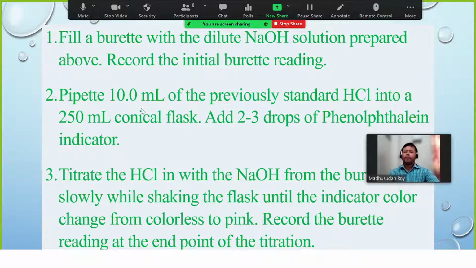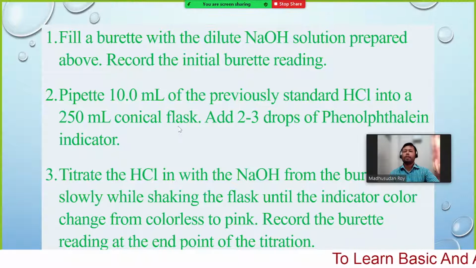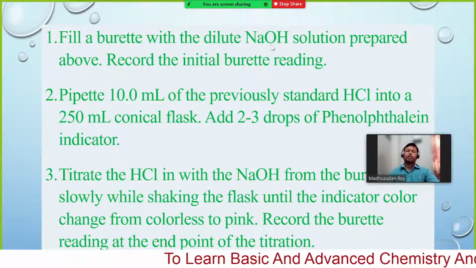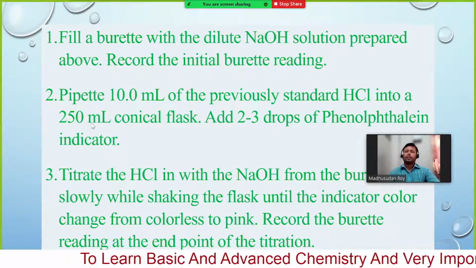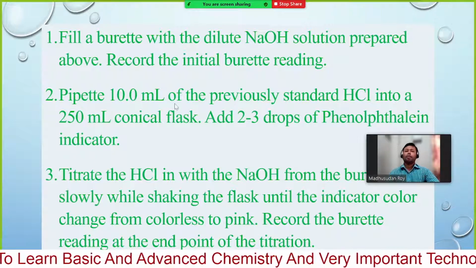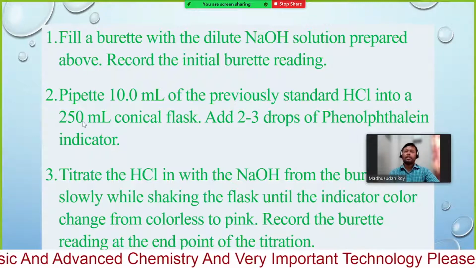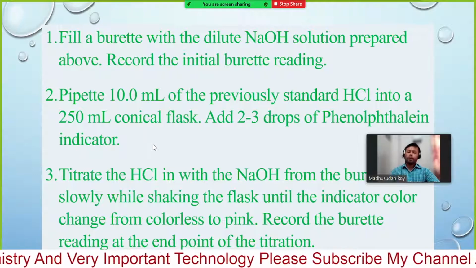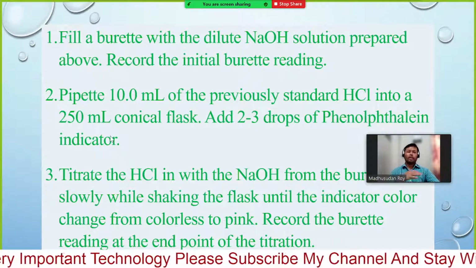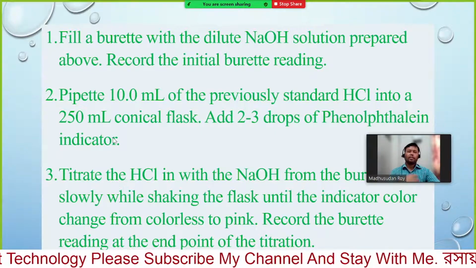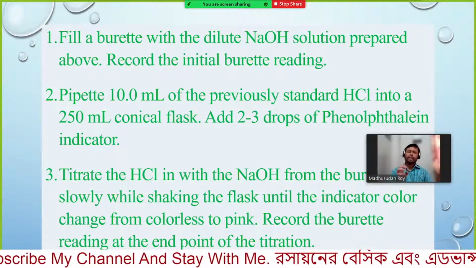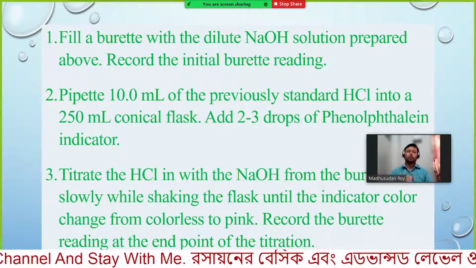Now pipette 10 ml of the previously standardized hydrochloric acid into a 250 ml conical flask. Already you have taken the sodium hydroxide solution in the burette, and then you add 10 ml of hydrochloric acid, whose concentration we already know, into the 250 ml conical flask.